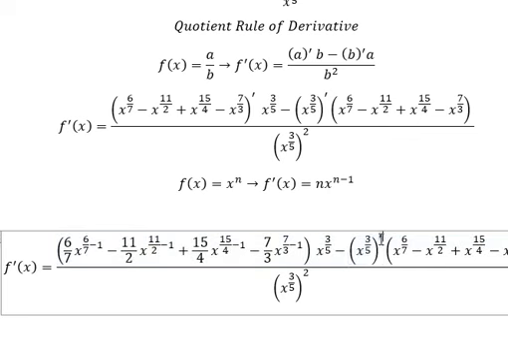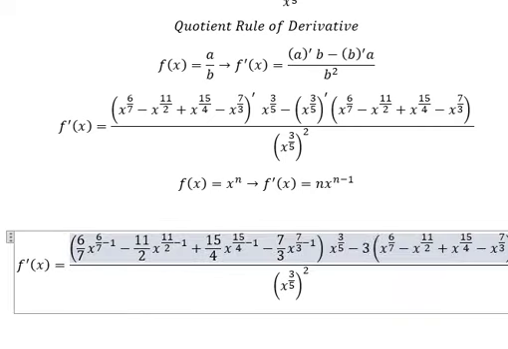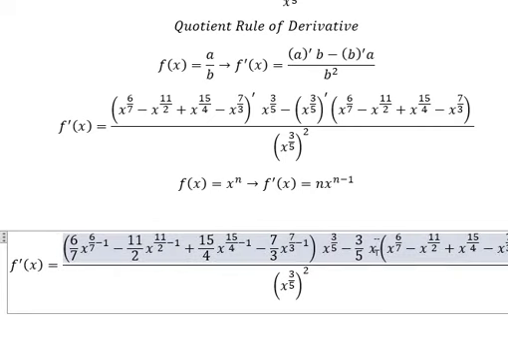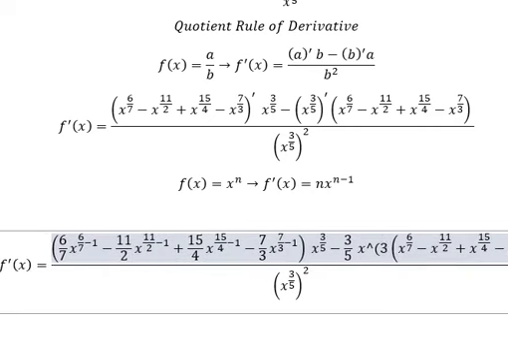This one, we have 3 over 5 s to the power of 3 over 5 minus 1.